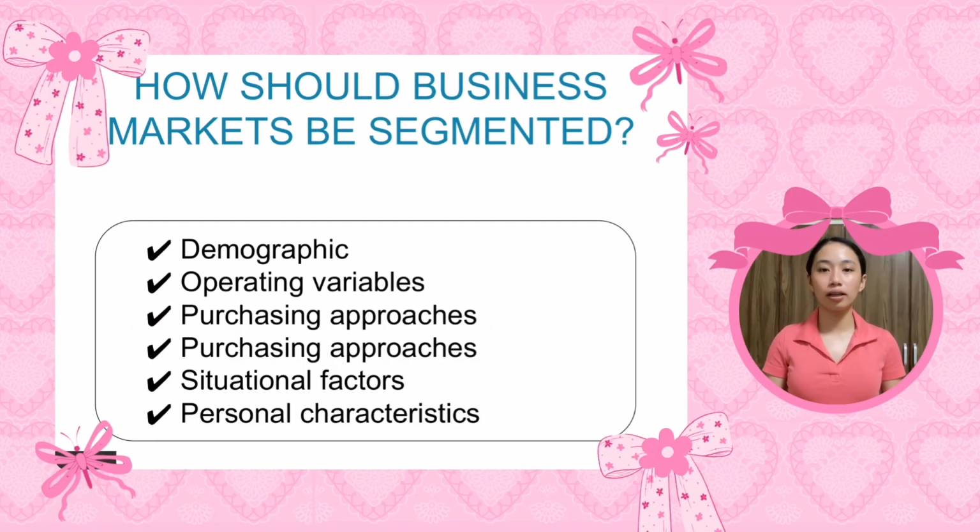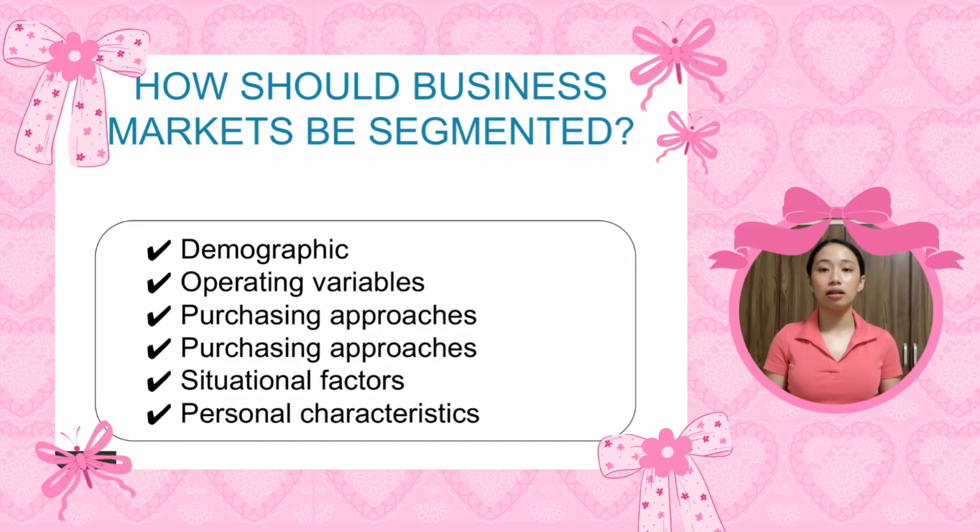Segmenting the business market helps companies target the right customers. There are several key ways to do this. First is demographic segmentation. This includes factors like company size, industry, and location. Operating variables: businesses may have different needs based on technology, usage, or capabilities. Purchasing approaches: companies can be segmented by how they buy, such as centralized versus decentralized purchasing.